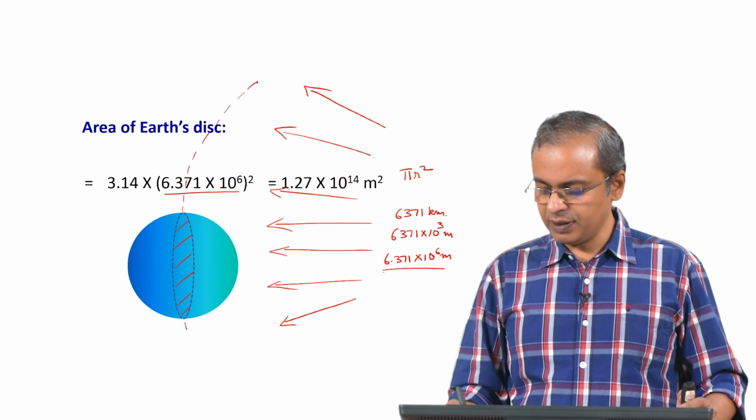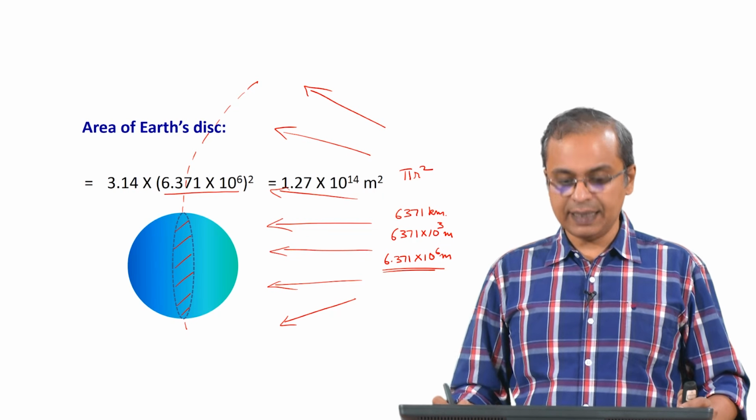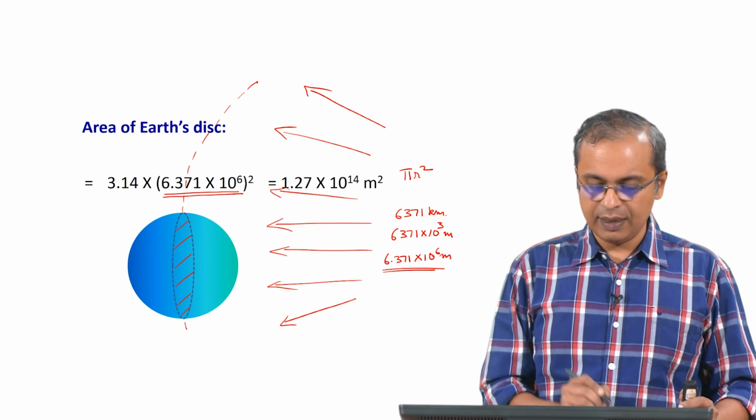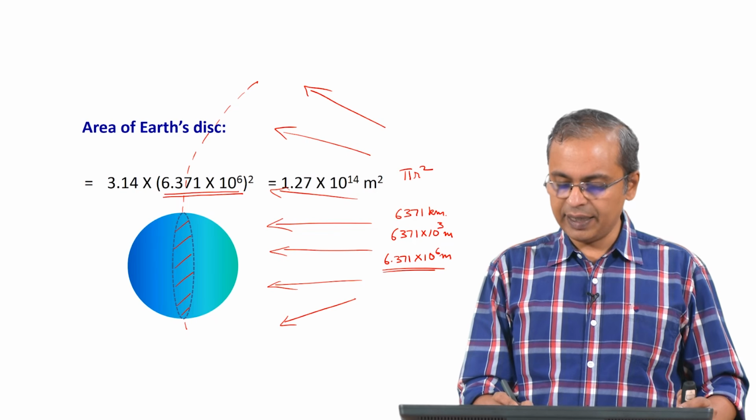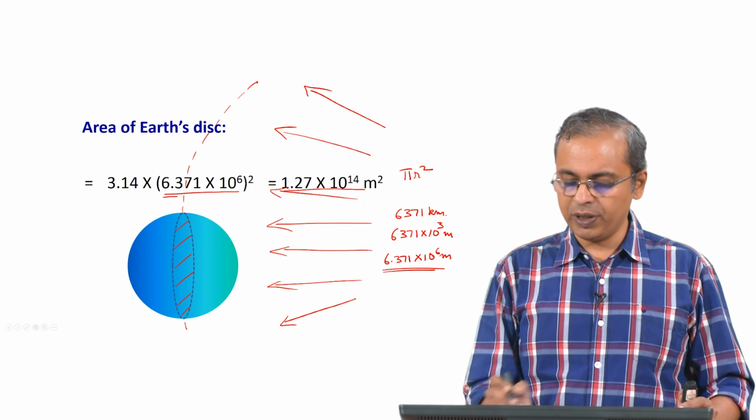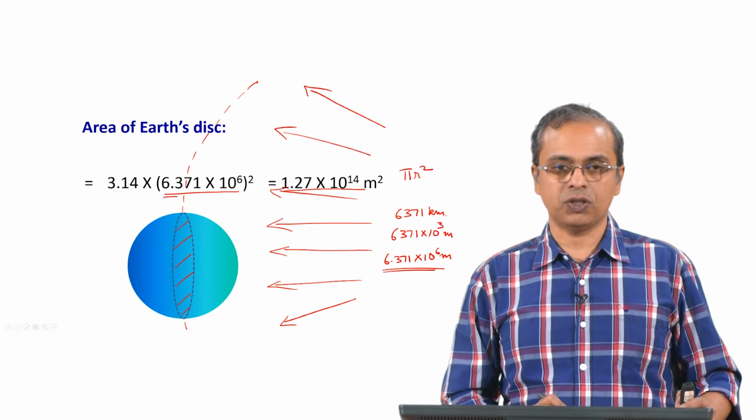That is the radius of Earth in meters, and plugging it in, we get the cross sectional area of Earth as 1.27 into 10 power 14 meter square.